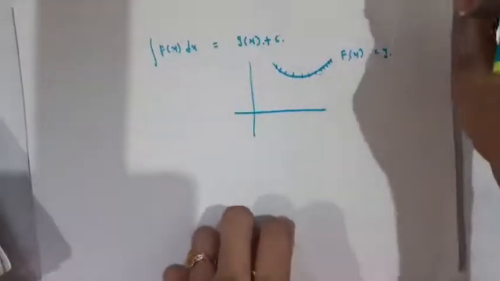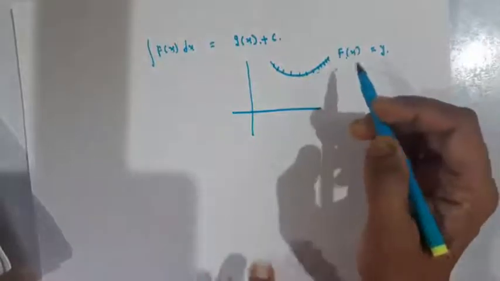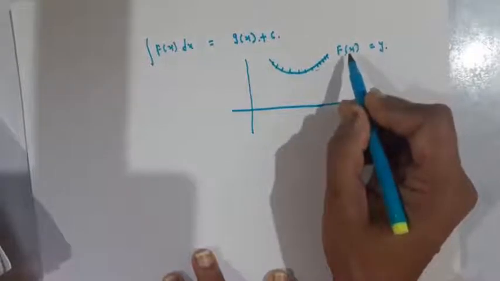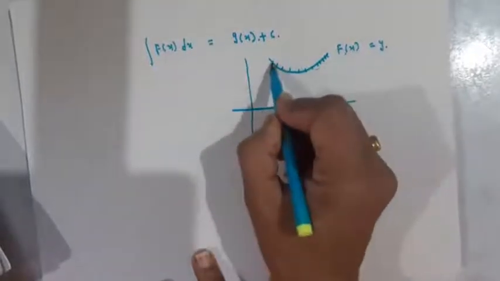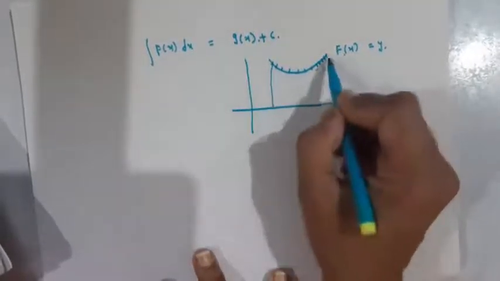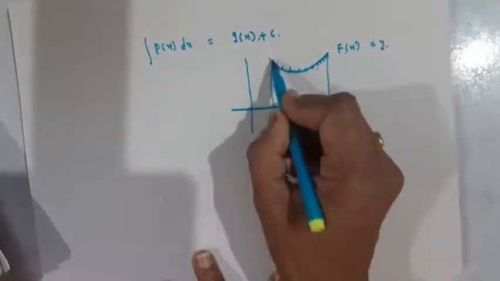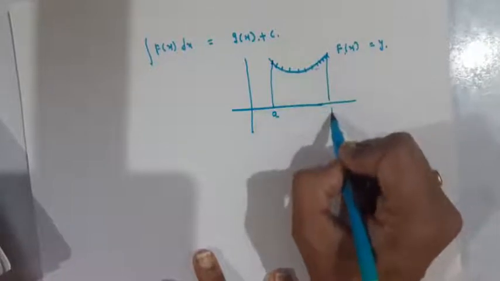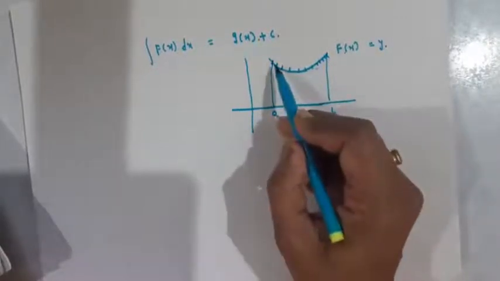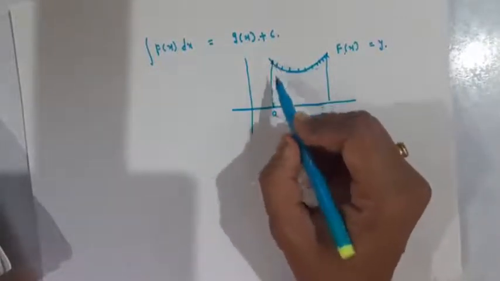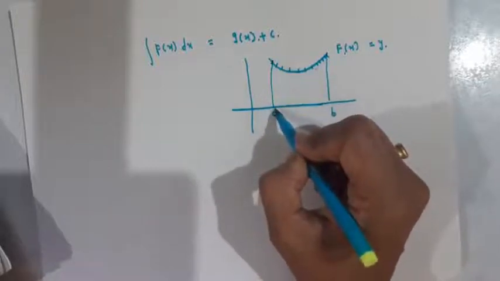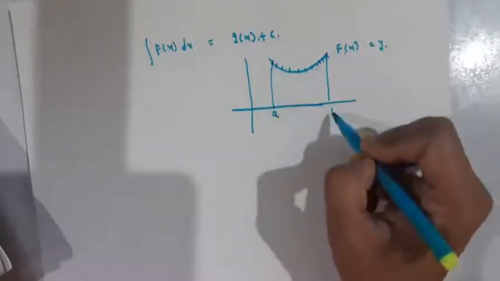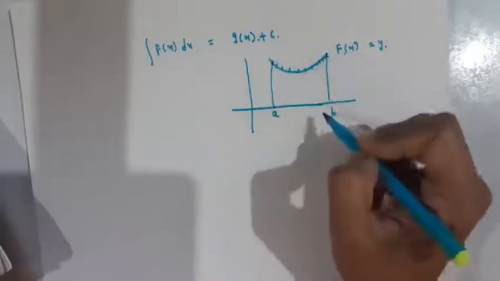But in definite integration, suppose this is the curve, y equal to f of x. Suppose from the point A to this point B, on this curve we draw perpendiculars from the x axis on this point and on this point.